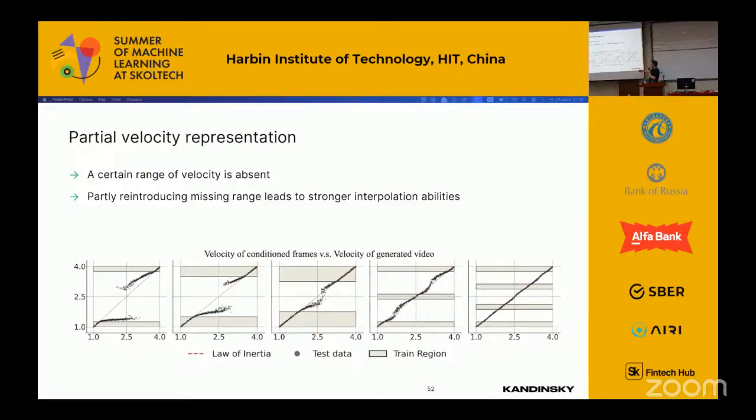Here you see the velocity. If you show the velocity in the training sample from that range and that range, and in the test sample you show the whole range of velocities, you see that this region of velocity was predicted nicely, and this region was predicted not well, and so on.